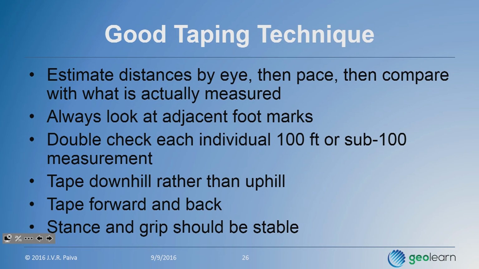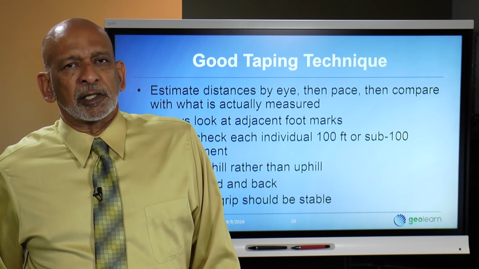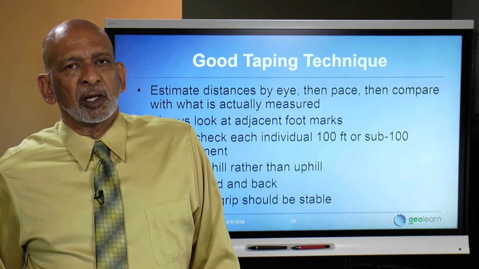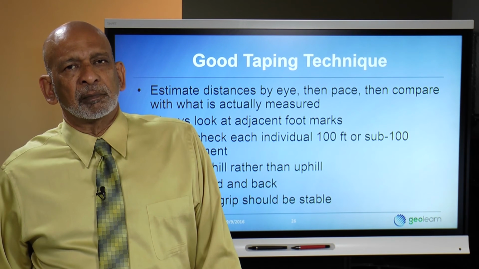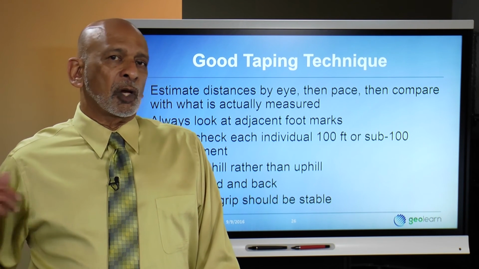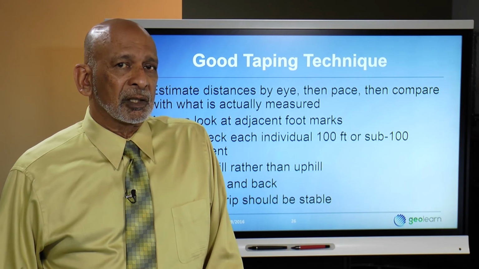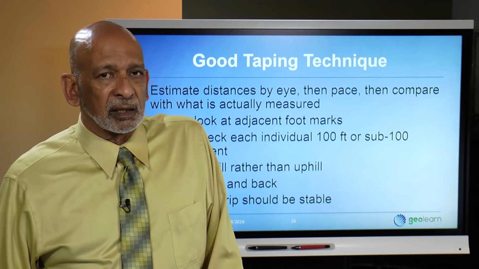So, good taping technique. One of the things I tell people, whether they're new at this or not, and this is true even for things like GPS and electronic distance measurement, always try to know what the distance is so that you can catch mistakes and blunders, not only that you make or your team makes, but sometimes instrumentation will deliver an incorrect result.